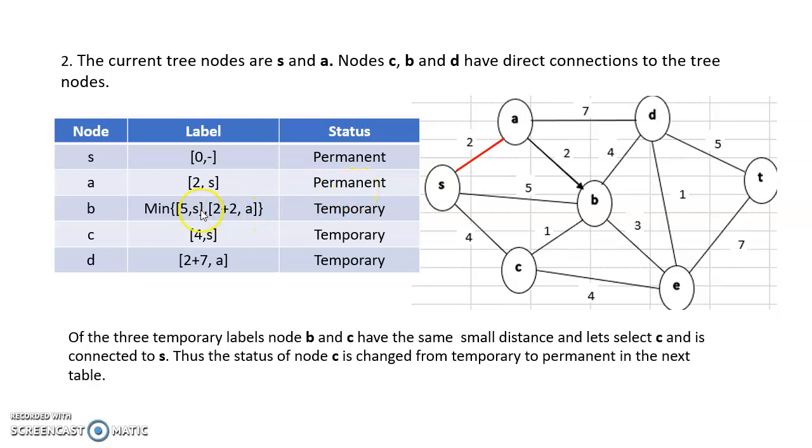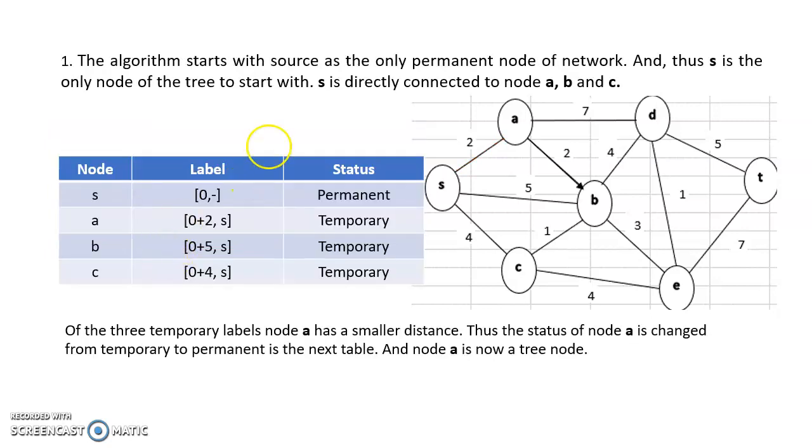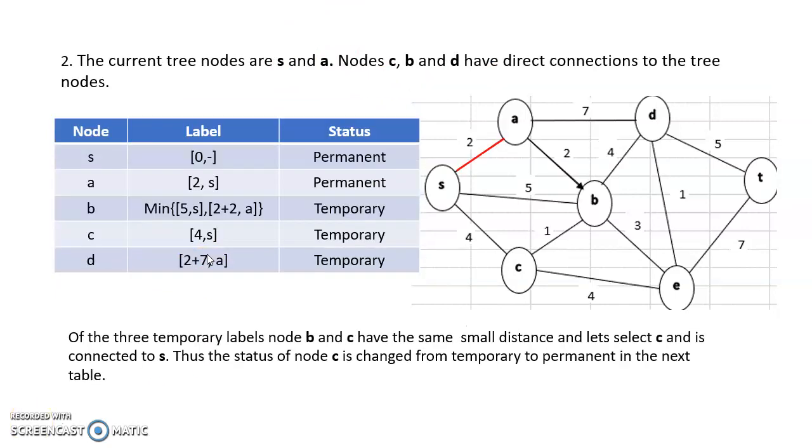Now, the levels for these three temporary nodes will be like this. B was reached before. You reach B from S, then it takes a distance of 5. Now, if you try to reach B through A, it will take a distance of 2 plus 2.